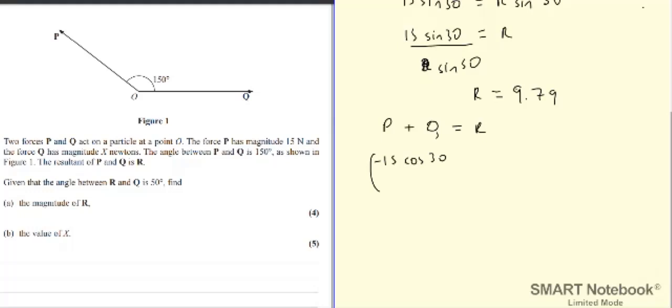And in the Y direction, we had positive 15 sine 30. We had Q. Q is made up of just X movement to the right. So this is X and this is 0. And that equals, if we look at the resultant R, R cos 50 and R sine 50.